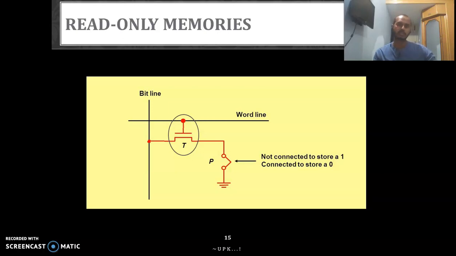It can hold the data that has been stored for a very long time, and it can read it. So reading is very much important. Writing is also an option available, but writing cannot be done directly. You may have to come up with a different idea for it. It means there are some additional assemblies needed to write data onto a ROM. This transistor is a very important component for the overall operation of a ROM.